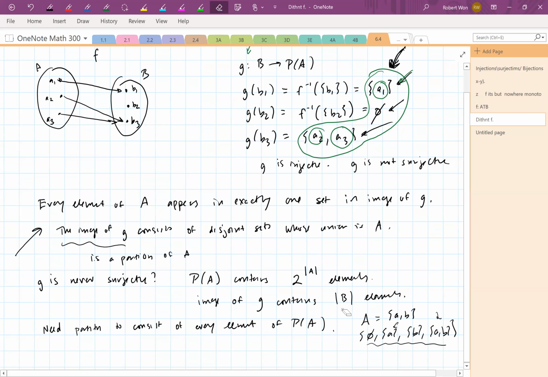Sorry. What I should have said is the image of G contains exactly size of B elements. So, right, most of the time, this thing is just way too big for G to be surjective. But it turns out that it is actually possible. So it's possible to have G surjective if the size of A equals 1.